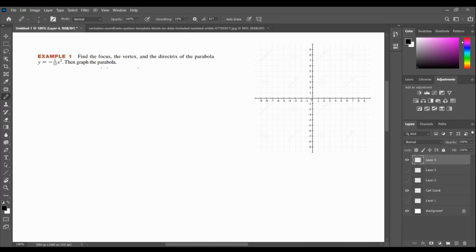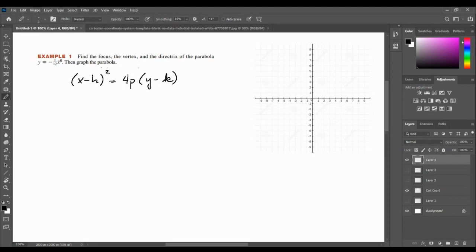So for the parabola, here we've got x squared. And so I'm going to go to my sheet and I'll look at the top formula there that's listed as x minus h quantity squared equals 4p times y minus k.